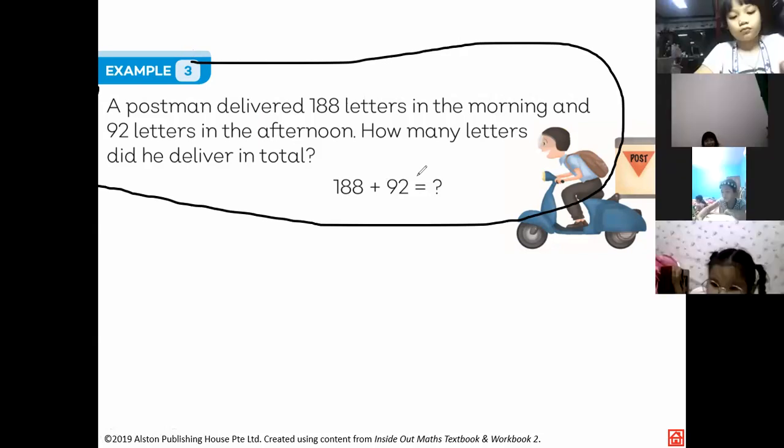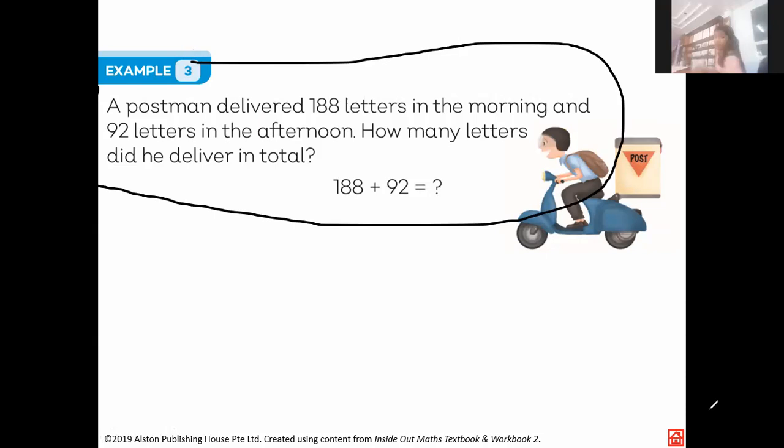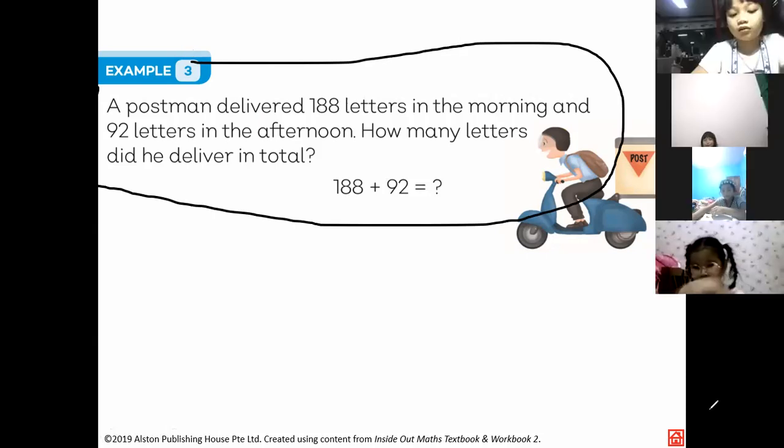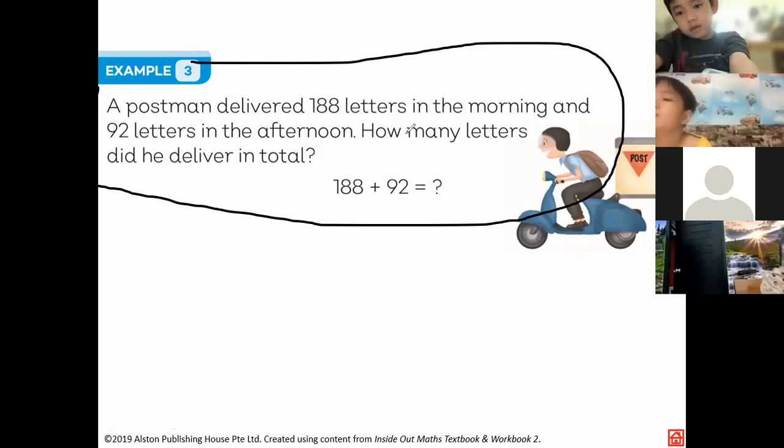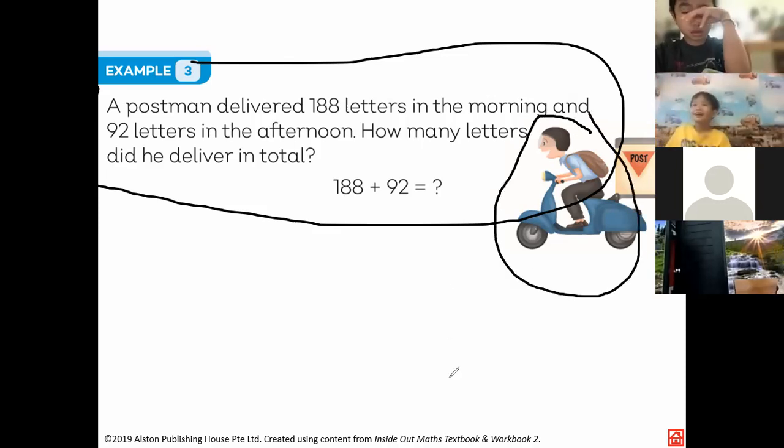How many letters did he deliver in total? Okay, thank you, Otto. So the problem is, a postman delivered 188 letters in the morning and 92 letters in the afternoon. How many letters did he deliver in total?